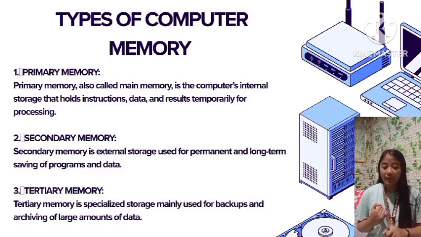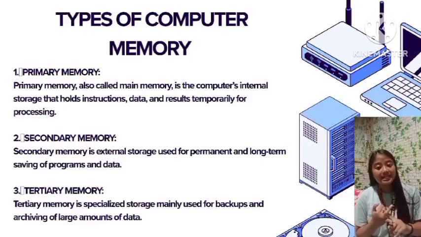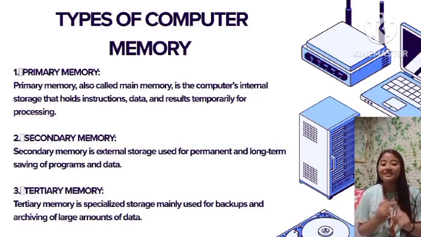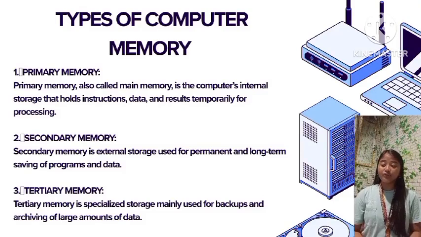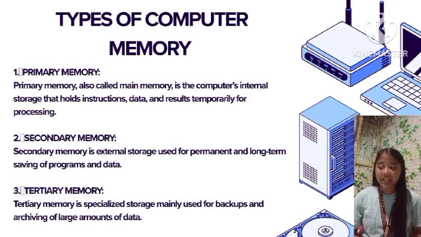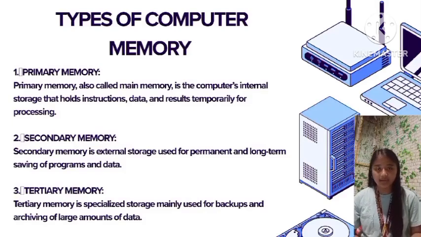First, we have primary memory. Second is secondary memory. And the third is tertiary memory. So first is primary memory. Primary memory, also called main memory, is the computer's internal storage that holds instructions, data, and results temporarily for processing.